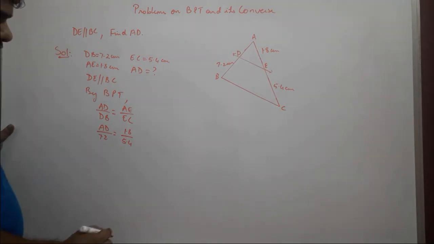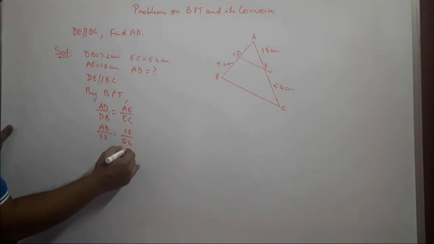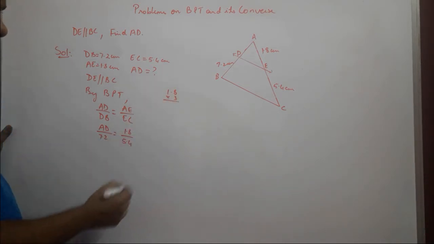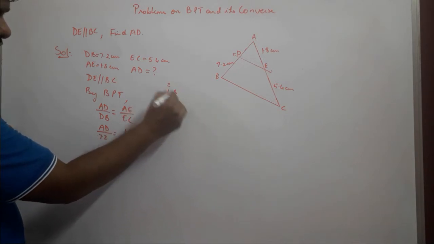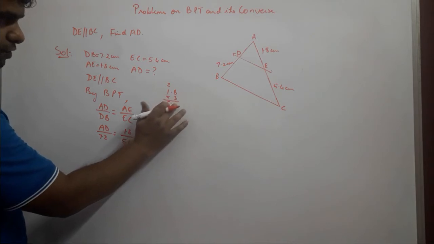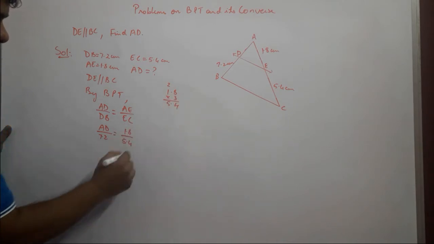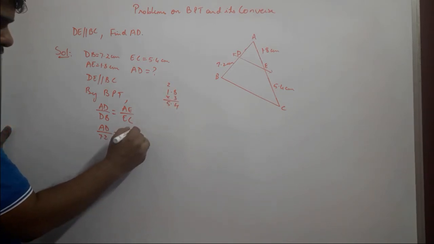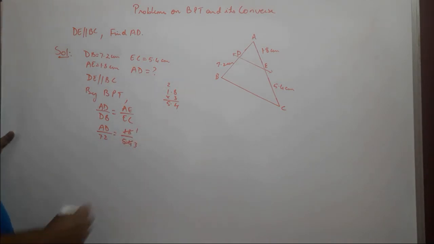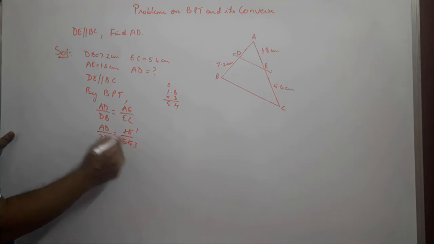Now 1.8 into 3 should give us 5.4. 3 8s are 24, carry 2, 3 ones are 3, plus 2, 5, sorry, this is 4, 5.4. So 1.8 into 3 gives us 5.4. We are left with 1 upon 3.